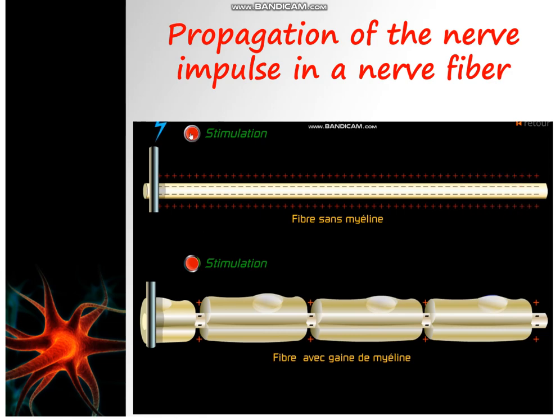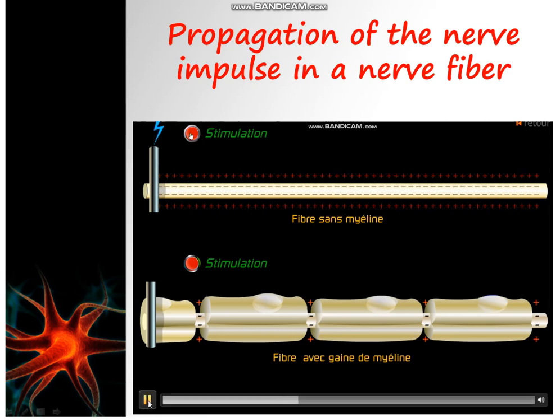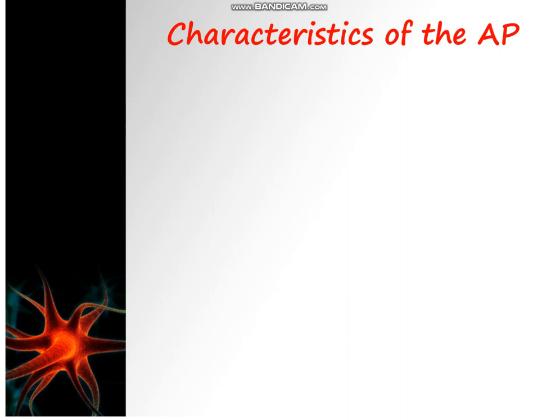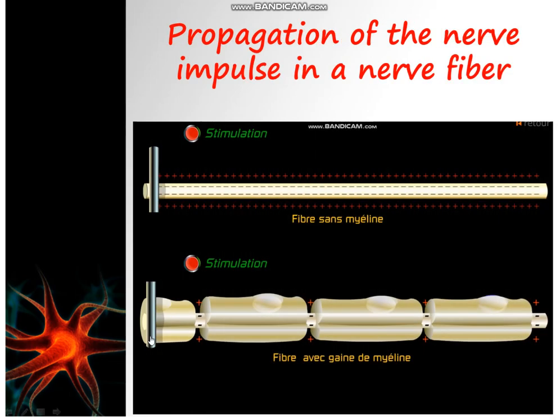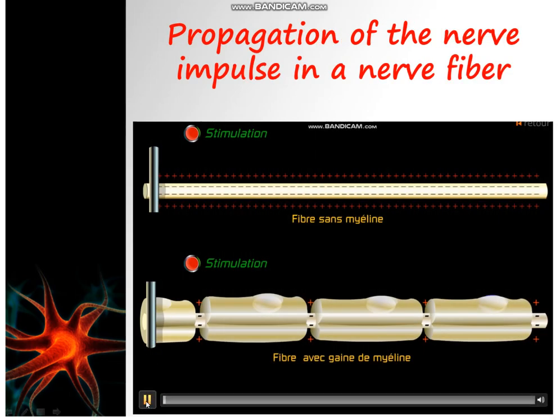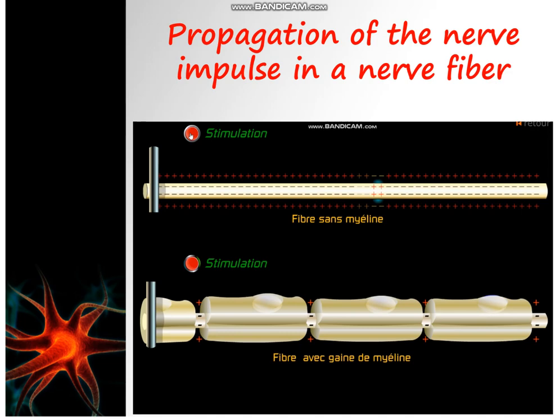This is the speed in the non-myelinated fiber, and as you see, in the non-myelinated fiber, depolarization should pass by each point of the axon.